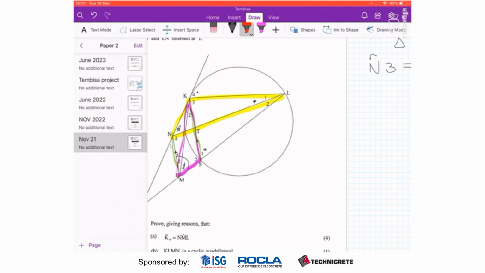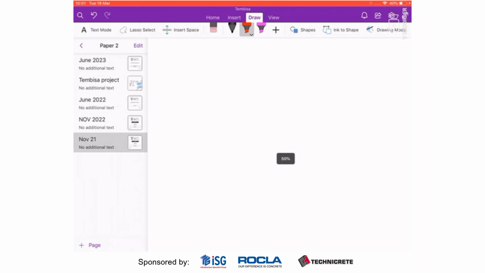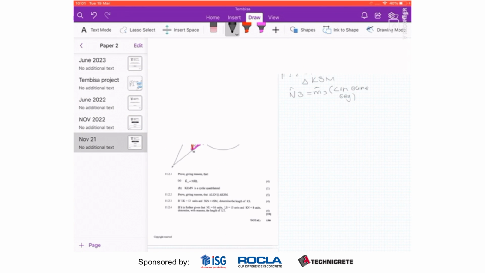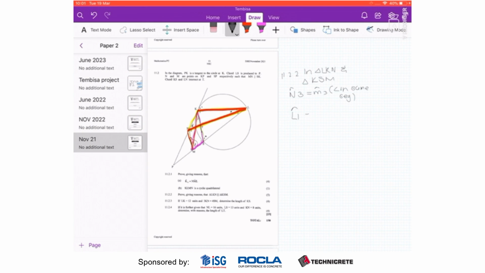So taking a look at it, sometimes students find it difficult to see in the same segment, but it's a crisscross, okay? And you just need to find 2. So angle L1 is equal to angle M2, also angles in the same segment, and the last angle is going to be equal because of sum of angles of a triangle, or what else can we say?